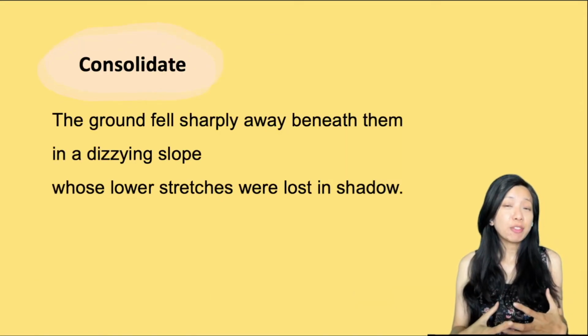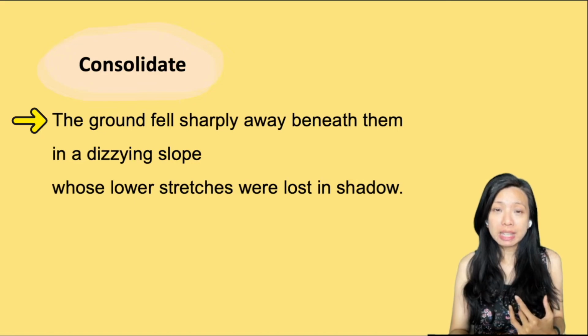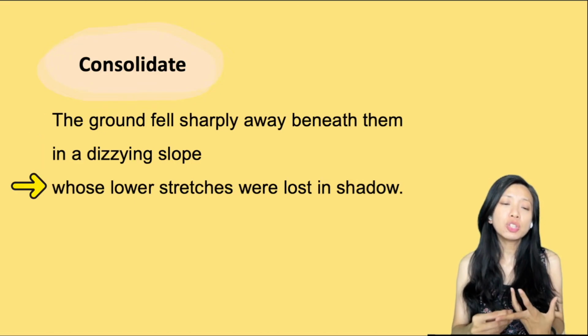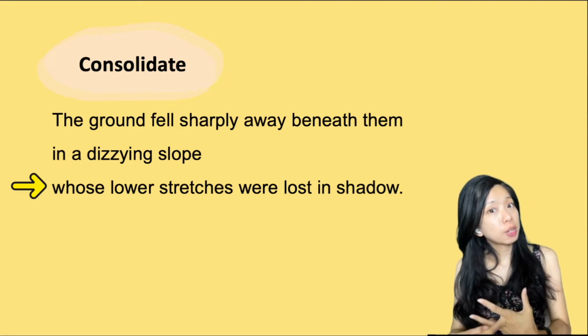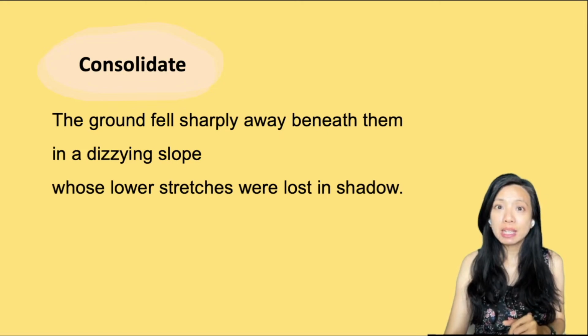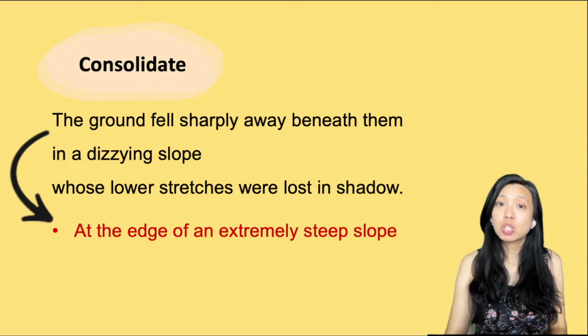Let's consolidate everything. So the three parts of the sentence are, the ground fell sharply away beneath them. The second one is, in a dizzying slope. And the third one, whose lower stretches were lost in shadow. So remember, the first part of the sentence, the ground fell sharply away beneath them, tells us that they were at the edge of an extremely steep slope.